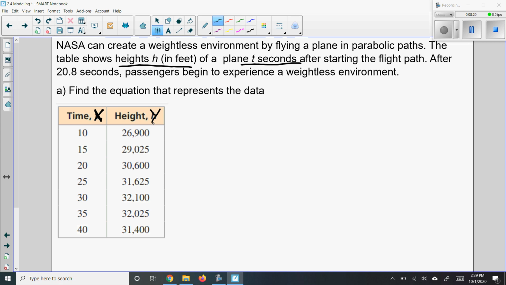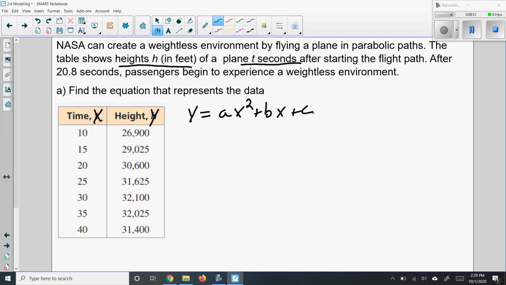So our equation is h equals a t squared plus bt plus c. Let's just use x and y to keep things simple, though. This is x, and this is y. So y equals ax squared plus bx plus c.